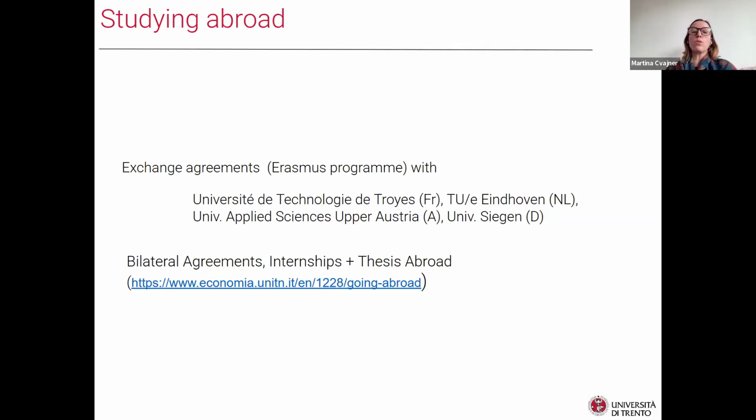We have the example of two Erasmus partners with whom we exchange HCI students. So these are two venues that are specific for HCI students, but if you browse the list on the web page that I have put below, you will see that there are many other venues that the department can give you the possibility to apply for.